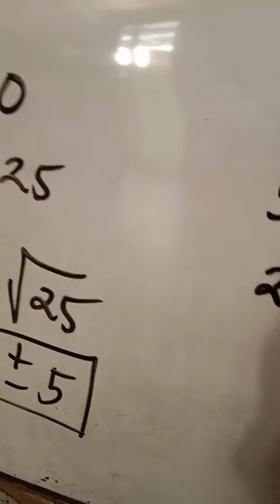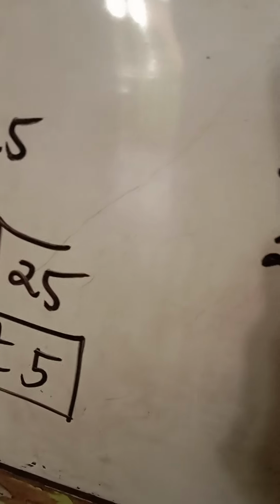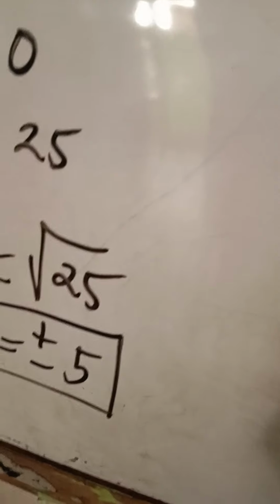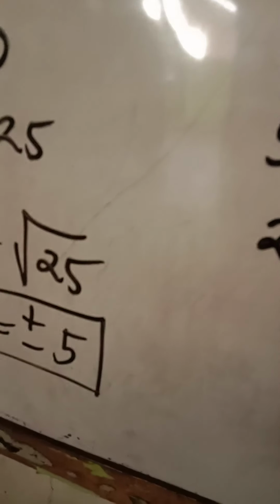So the square root property involves the square root of both sides. So let's have example number 2. I will erase the example for number 1.